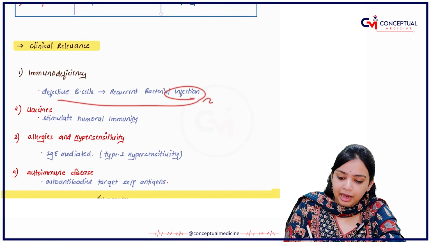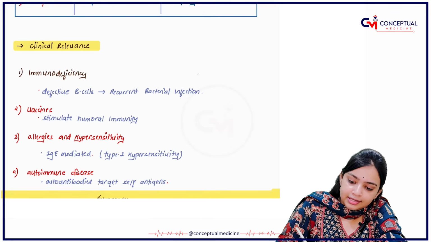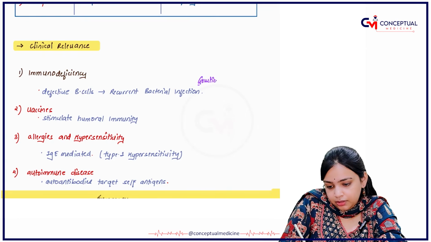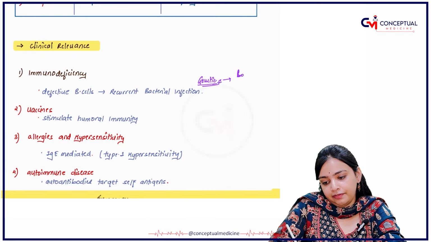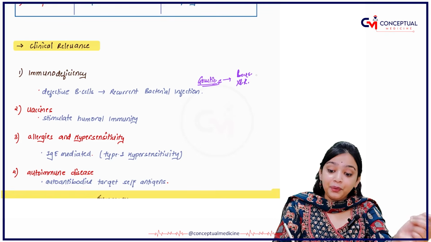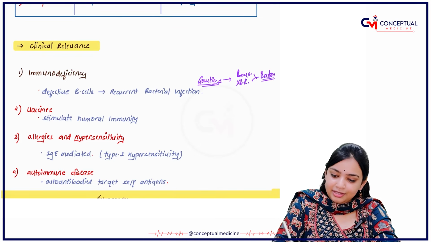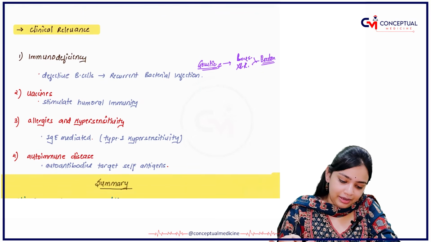In the genetics section, I told you about a disease in which boys are affected, and it is X-linked recessive. What is that disease called? I'll give you the name also. It is something called Bruton's. What Bruton's now? That you have to tell me.